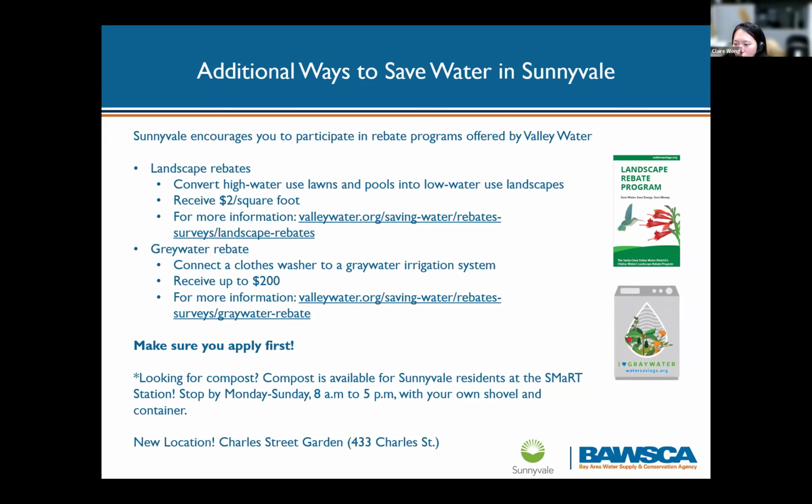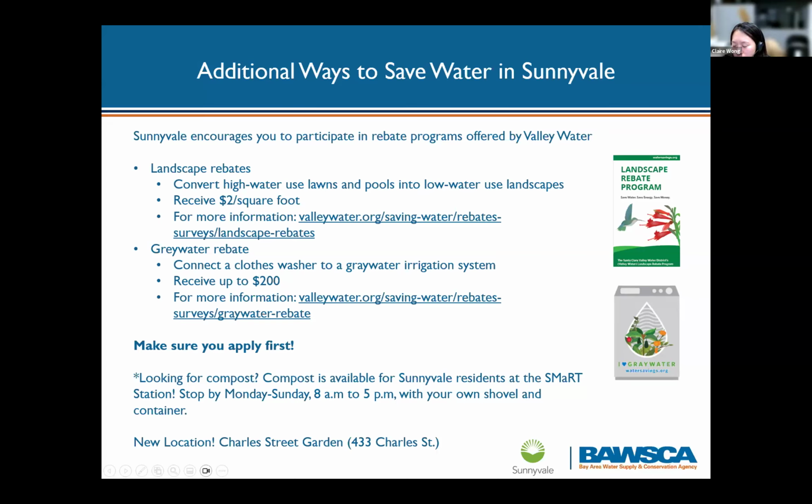We also offer up to $200 in rebates for properties that connect a clothes washer to a gray water irrigation system. In order to qualify for these rebates, please make sure you apply first. A common mistake is that residents get too excited about the rebates and start transforming their lawn before making sure that they qualify. Also, are you looking for compost?